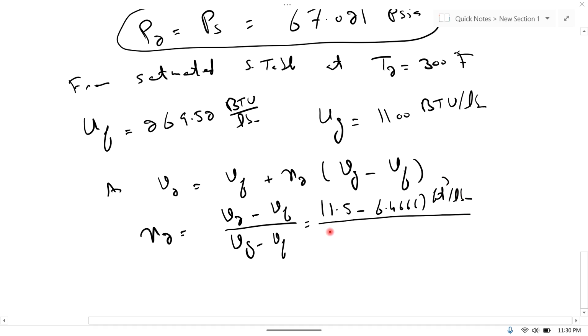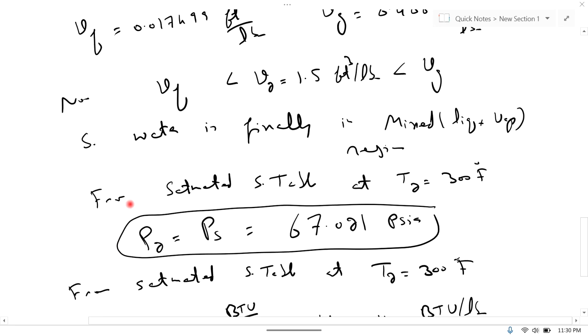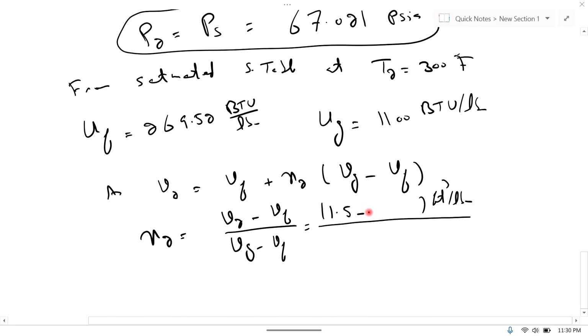Sorry, Vf is 0.017499, and Vg minus Vf is 6.4666 minus 0.017499 cubic feet per pound mass.